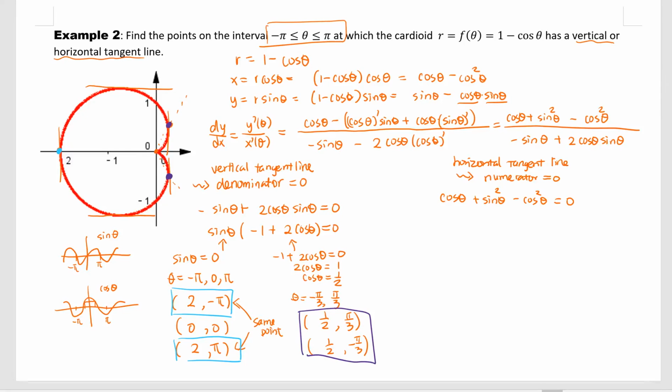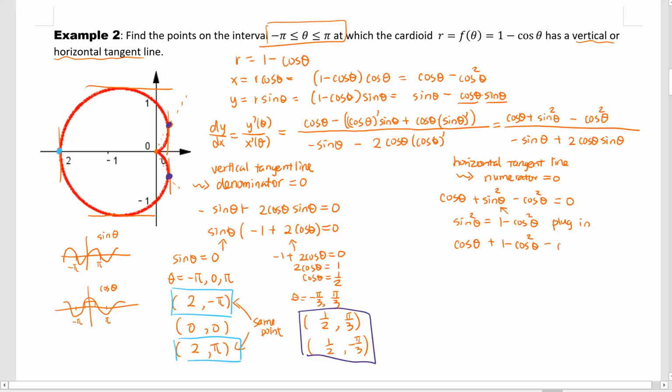But because you have cosine theta and cosine squared, maybe it's easier to get rid of the sine because we have two terms consisting of cosine. And think about it, what's sine theta squared? Well, that is 1 minus cosine squared. So plug in here. We get cosine theta plus 1 minus cosine theta squared minus cosine theta squared equals 0.